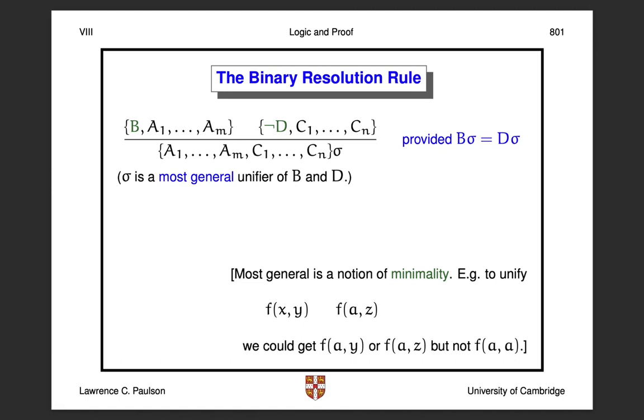So in fact, unification is unique only up to such variable renamings. So these two solutions, f(a, y) and f(a, z), are essentially equivalent, and they are both the result of a most general unification. But what if we did something like f(a, a)? Here we would be pointlessly updating y and z to be a, or maybe to be some other term like 3 or g of x or any such thing.